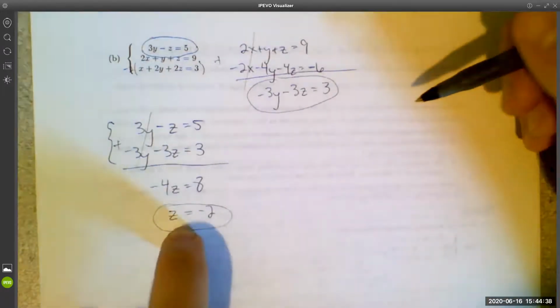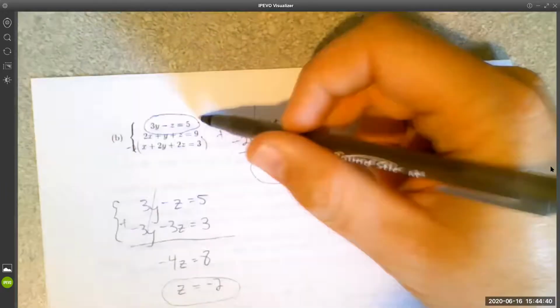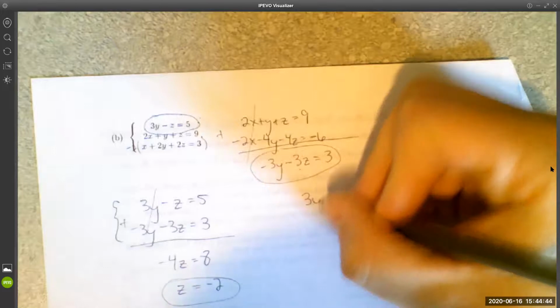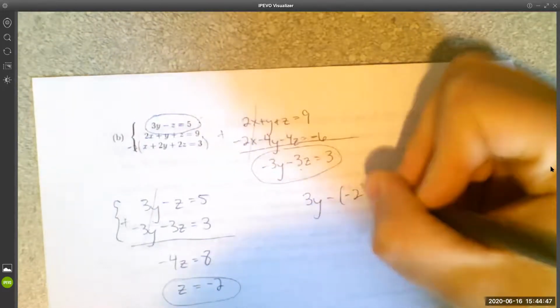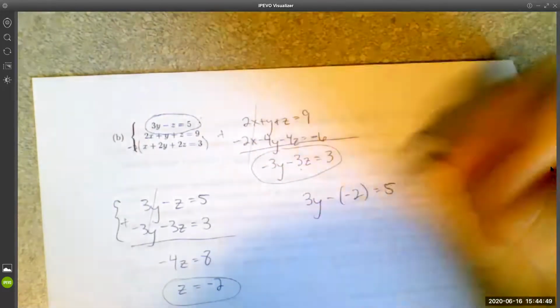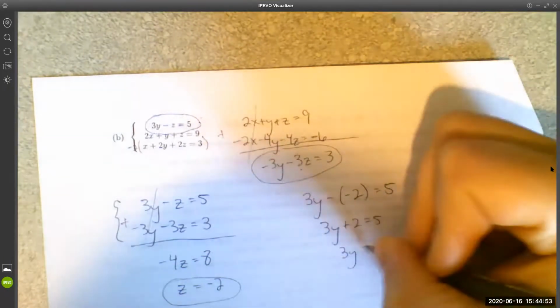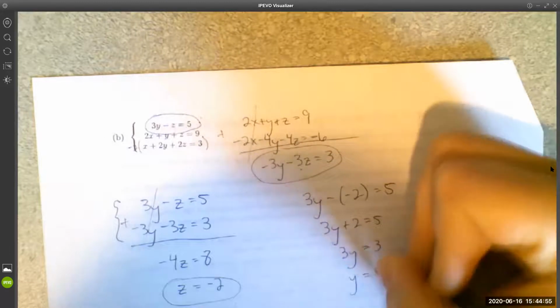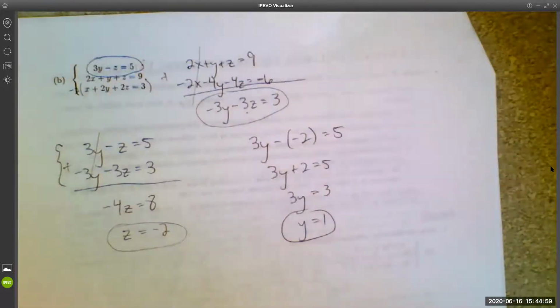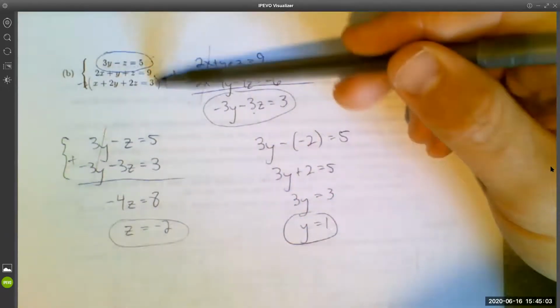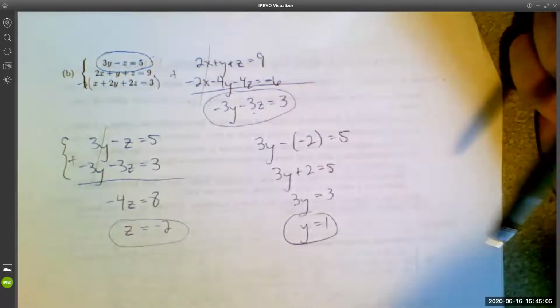Now I can take this and plug it back into this one or this one. Probably this one's easier. So I'm going to say 3y minus z equals 5. And then I can take these two, plug them back into one of these equations to solve for x.